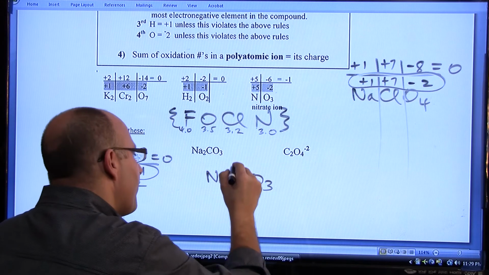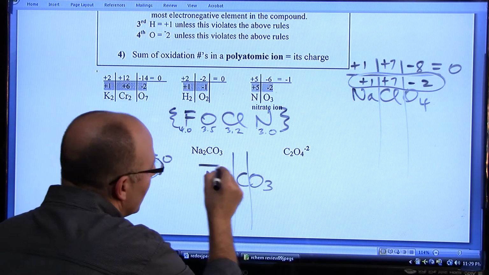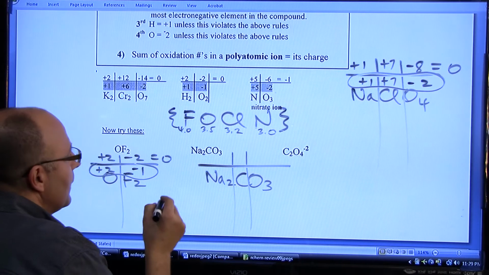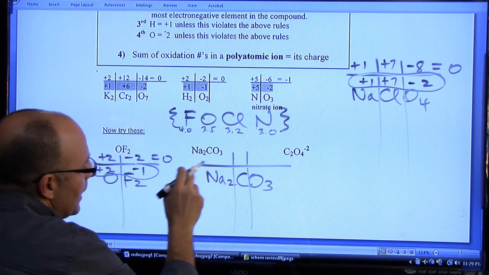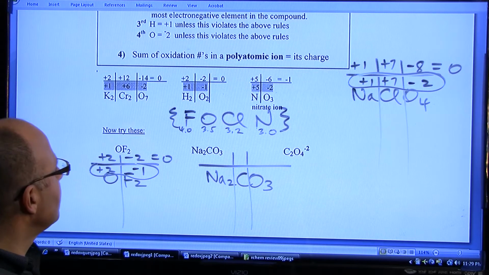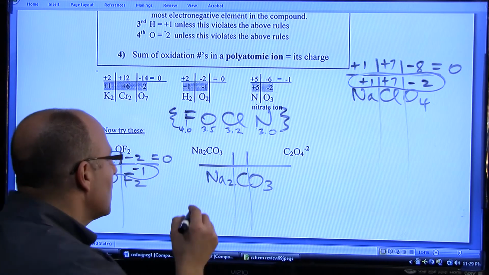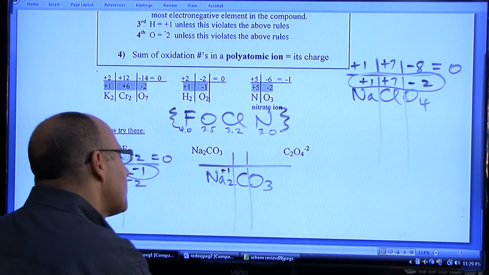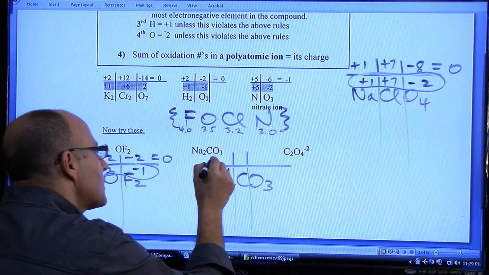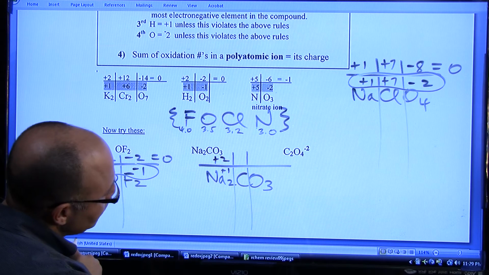Okay, split it up. Again, this is the total on top, and this is the oxidation number underneath it. The first element is a group 1 in order of importance, +1, it's the sodium, but there's 2 sodiums, so that's +2 to the total.